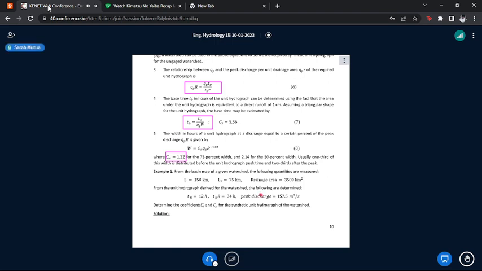So that is going to be a direct application of equation 5 and equation 4, and then you just solve the problem.